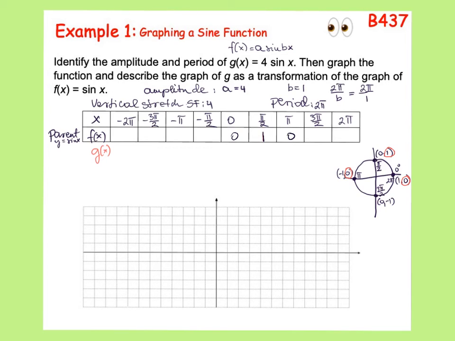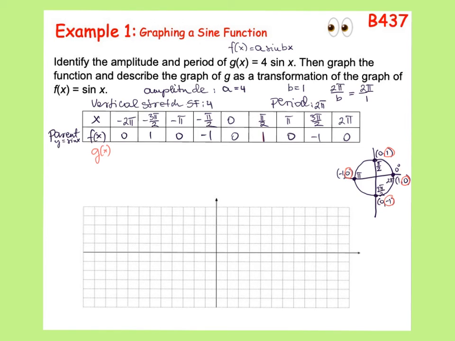And at 3 pi over 2, my sine value is negative 1. And at 2 pi, we arrive back at 0. If we go in the negative direction, then we'll go this way. From 0, we go to negative pi over 2, which is negative 1, and so on. So negative 1, 0, 1, and 0.